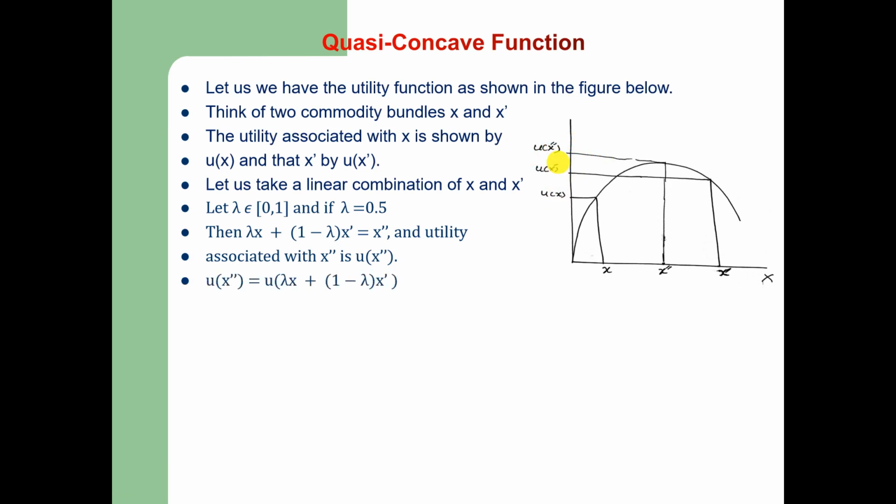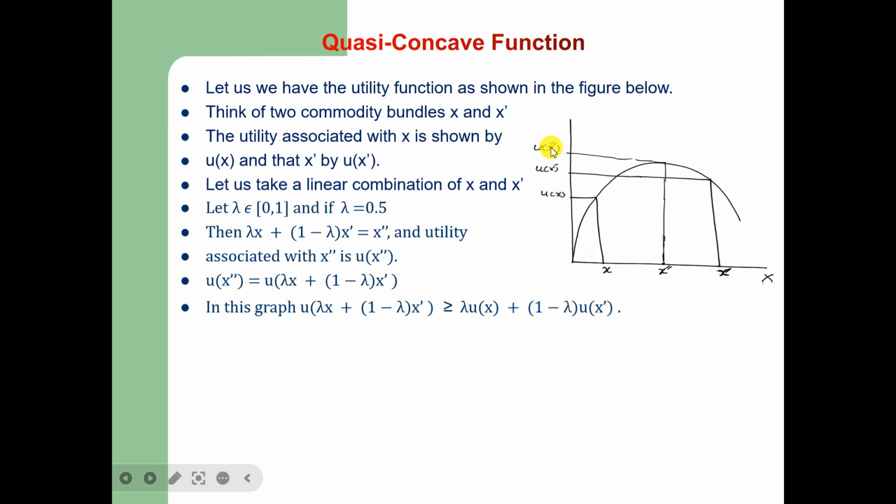So the utility of x double prime is equal to u of lambda x plus 1 minus lambda times x prime. In this graph, the utility of lambda x plus 1 minus lambda x prime, that is this utility, is greater than lambda u of x plus 1 minus lambda u of x prime, and that would be somewhere in between.